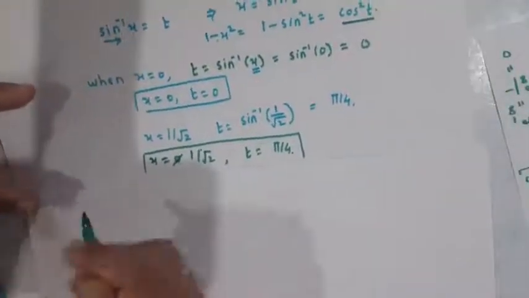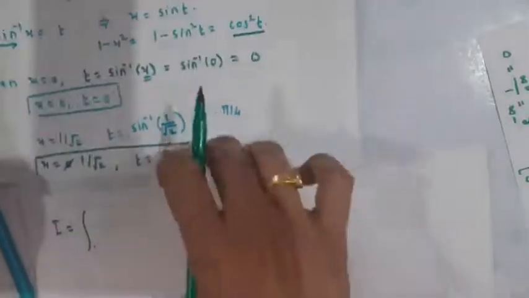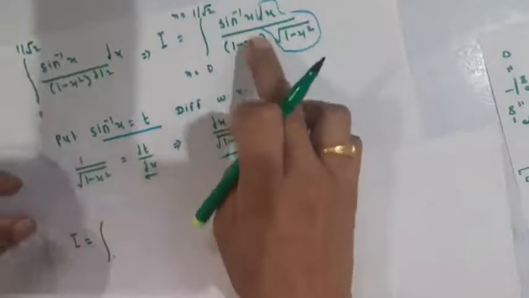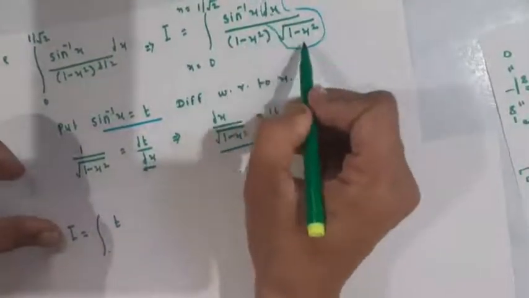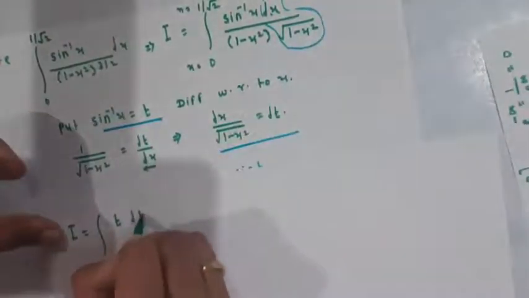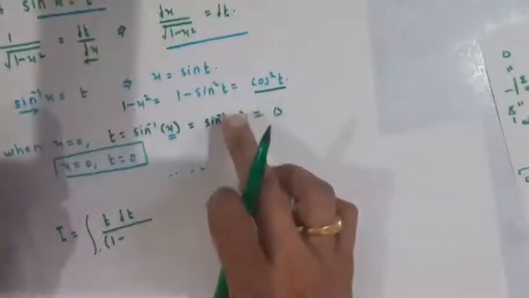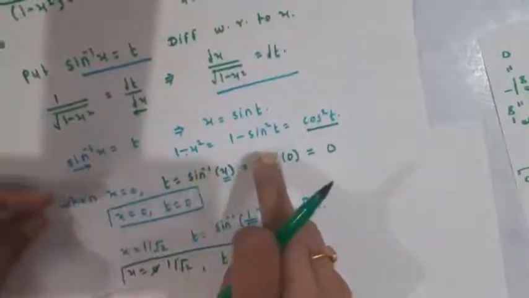Okay, and now our new required integrand is I equal to integration of sine inverse of x, which means t, times dx upon 1 upon root 1 minus x square, which is dt. Now 1 minus x square means 1 minus sin square t, and that is directly cos square t.